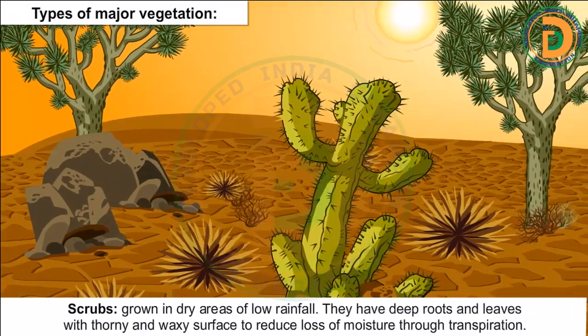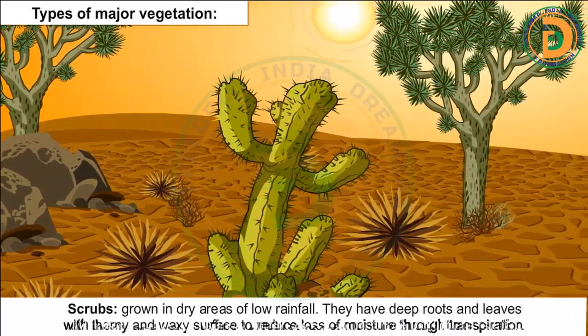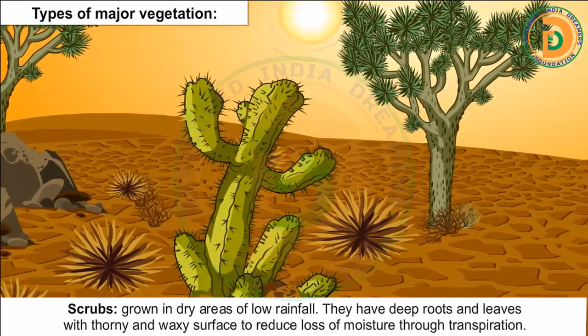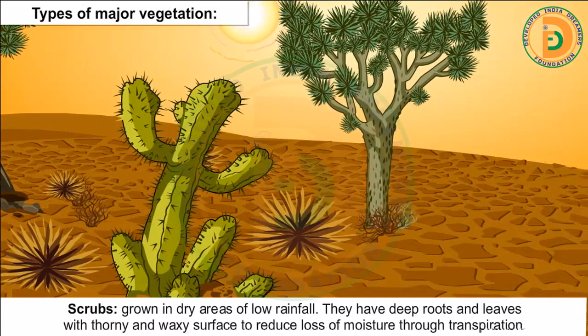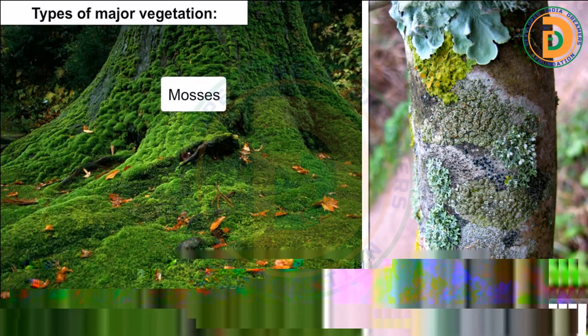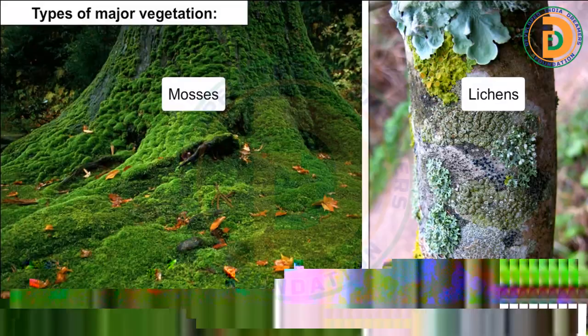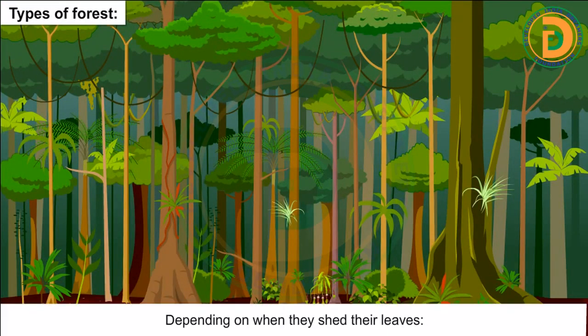Scrubs are grown in dry areas of low rainfall. They have deep roots and leaves with thorny and waxy surface to reduce loss of moisture through transpiration. Tundra is found in cold polar regions, for example, mosses and lichens. Types of forest, depending on when they shed their leaves.